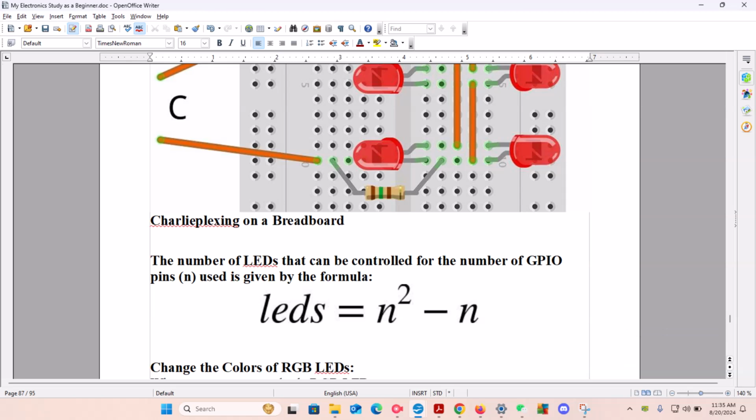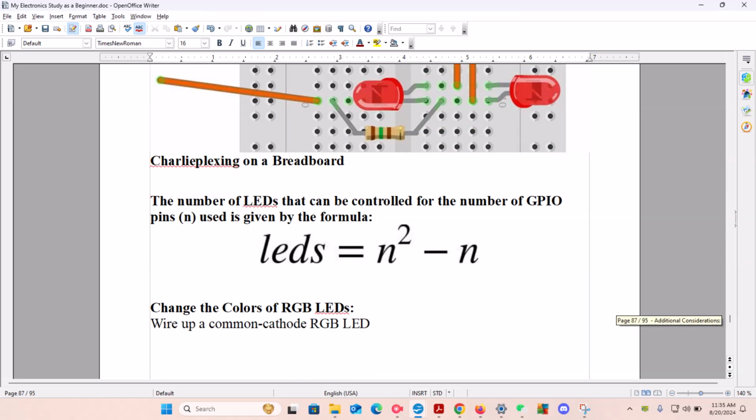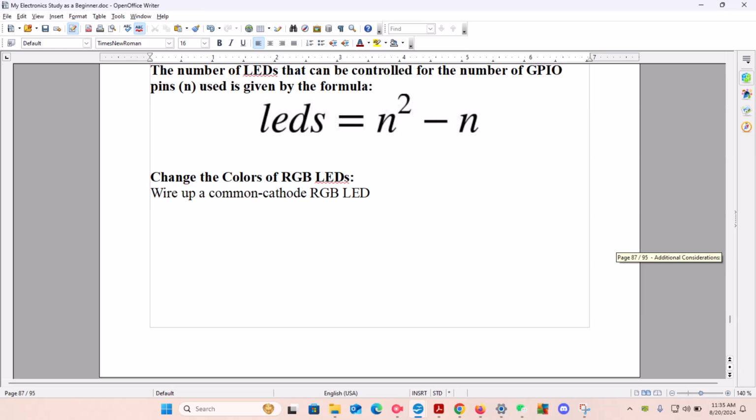It's basic algebra: 10 times 10 is 100, and then you minus 10, it would give you 90. We have to define what N is equal to, and then we can solve the algebraic formula.